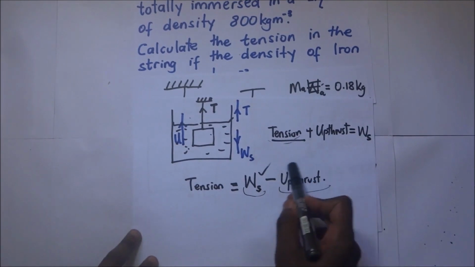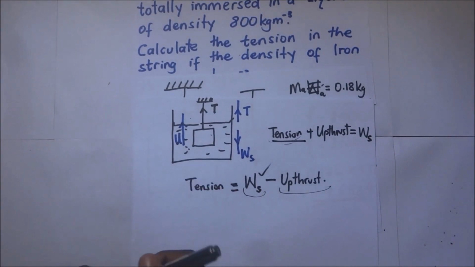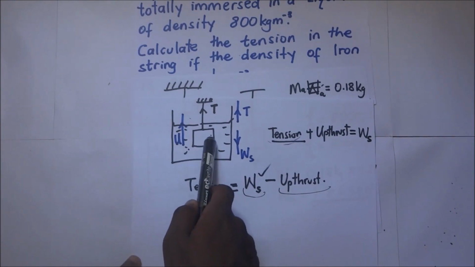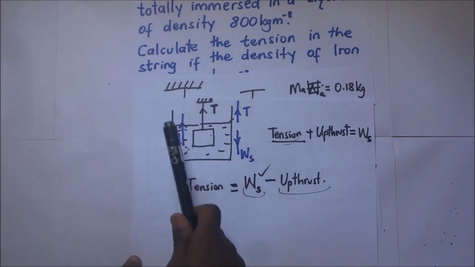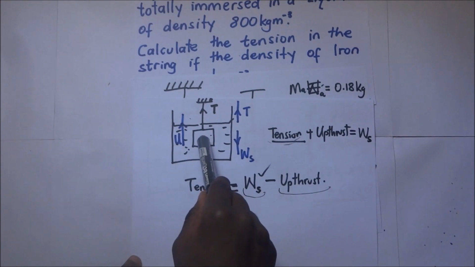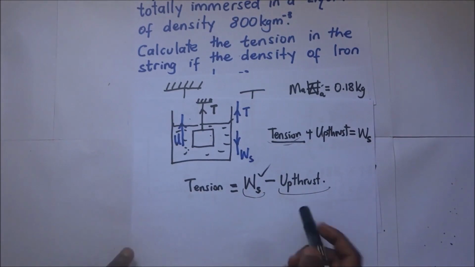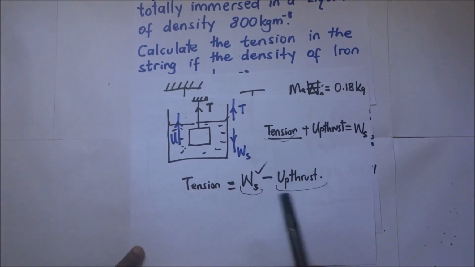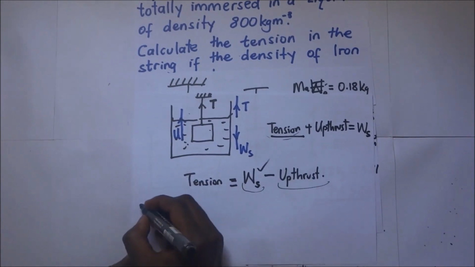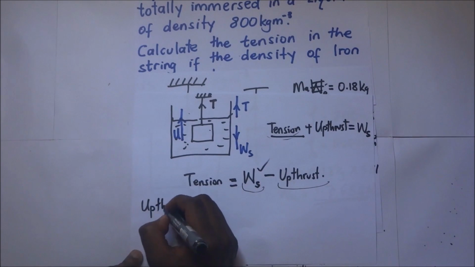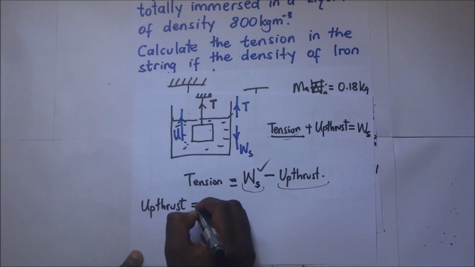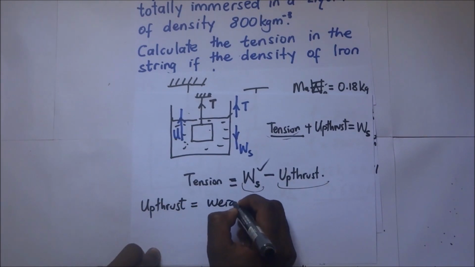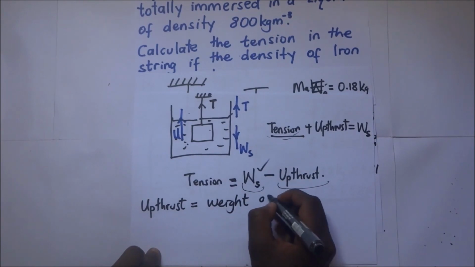So for us to be able to get this upthrust force, it is as good as getting the weight of the fluid displaced. So the question is, what is the weight of the fluid displaced? If we know the weight of the fluid that has been displaced, then we have the upthrust. So let's concentrate on first getting the upthrust. So upthrust is going to be equal to weight of fluid displaced.